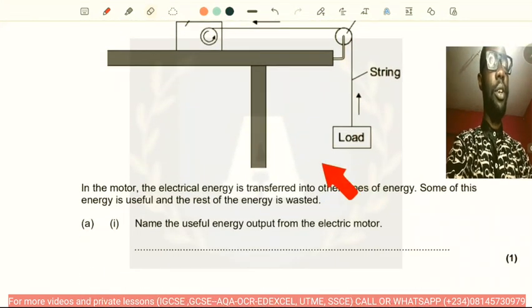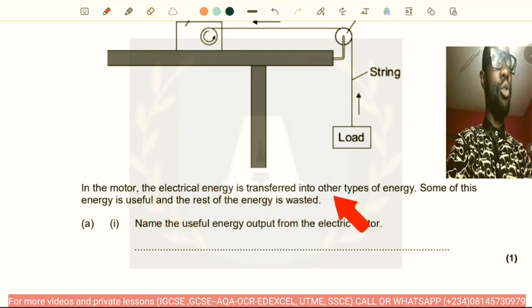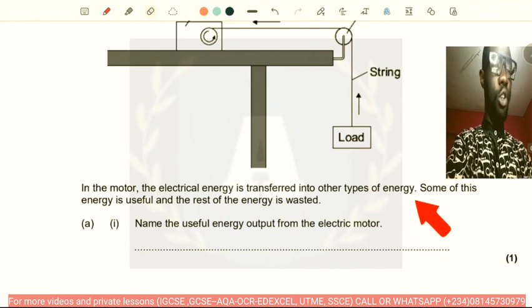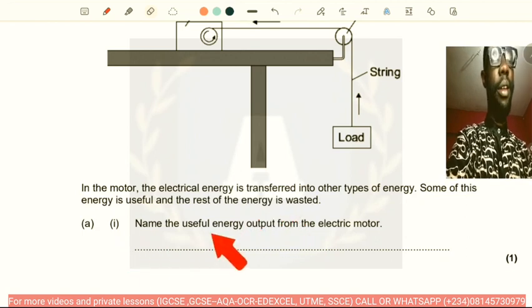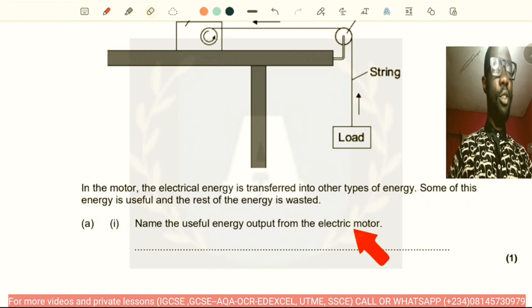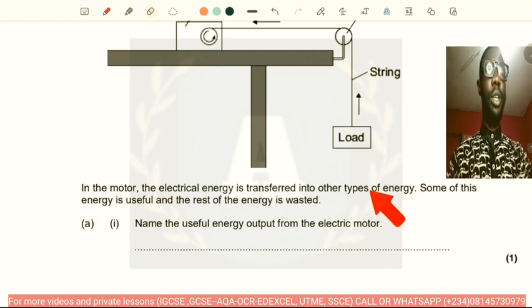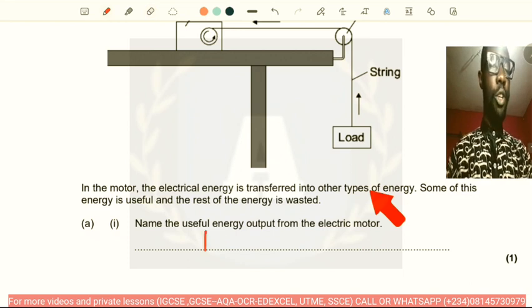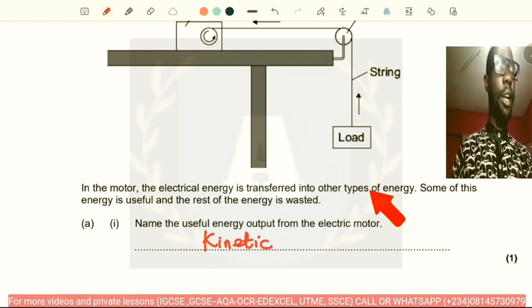The question continues: in the motor, the electrical energy is transferred into other types of energy. Some of this energy is useful and the rest is wasted. Name the useful energy output from the electric motor. The useful output energy is kinetic energy.